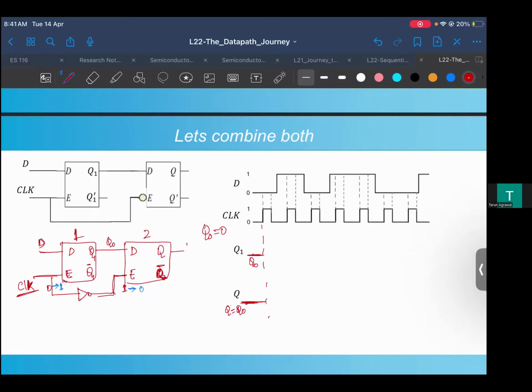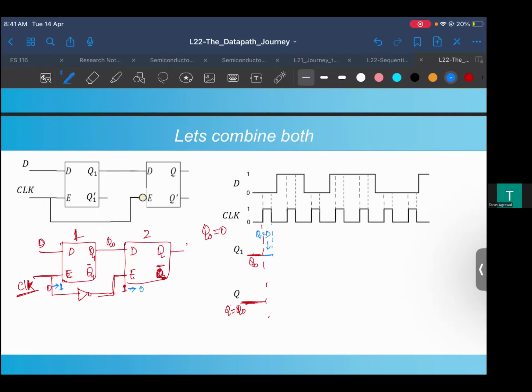So Q0, though it is transparent, still retains that, right? So this is when Q1 becomes D, because it sees 0. Now what is happening to the next one? Nothing, because its enable is 0, so it does not see the data at all. So what is Q doing?